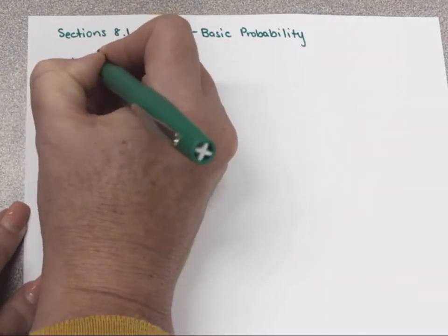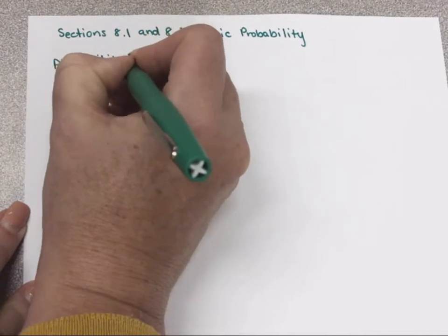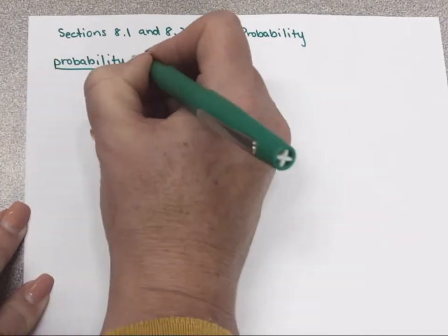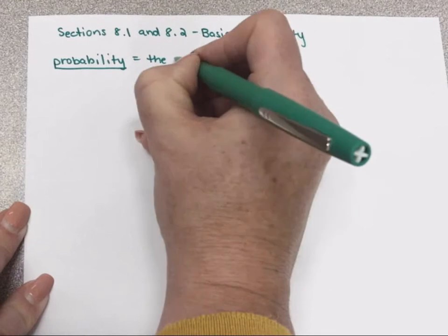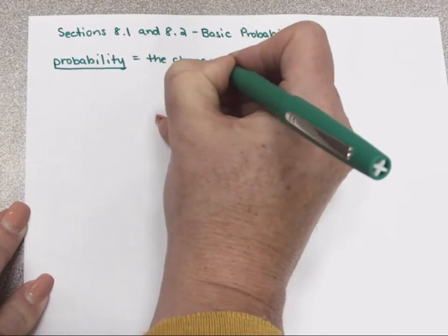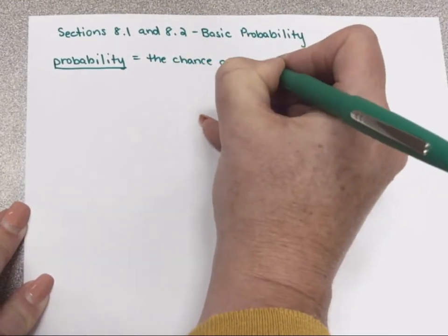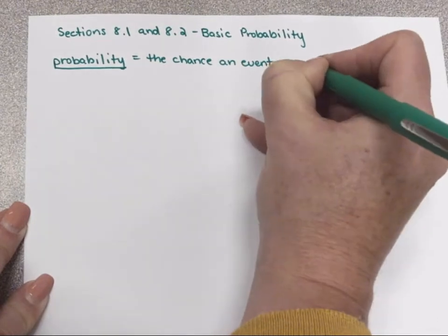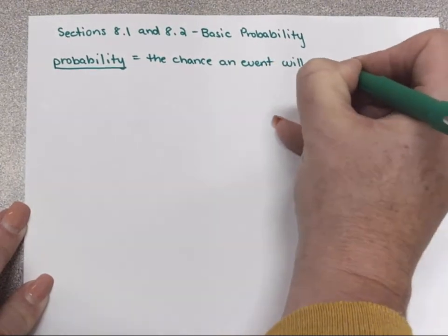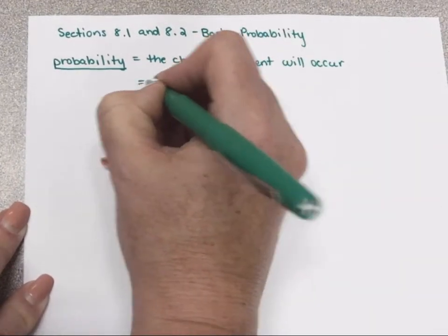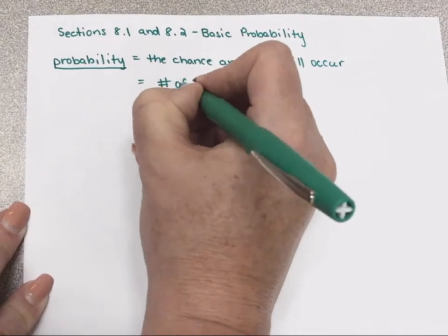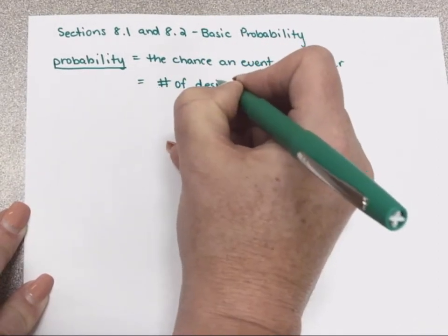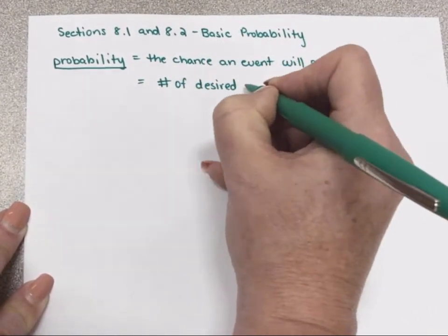So first of all, let's define what probability is. Probability is the chance that an event will occur. The formula for it is the number of desired outcomes over the total number of outcomes.